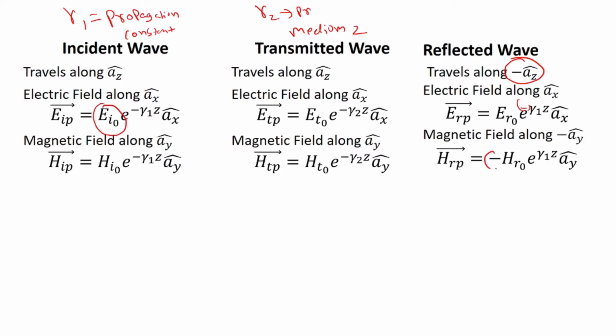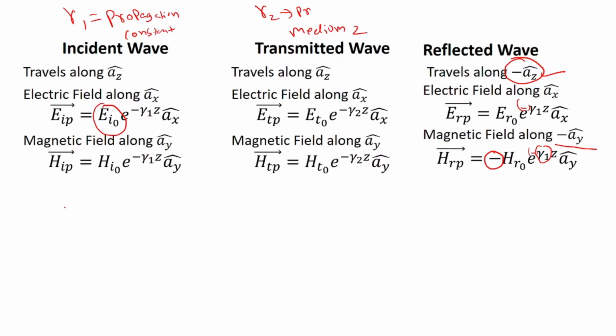Here, the negative sign indicates that the magnetic field is along minus ay cap, and the absence of the negative sign in the exponent indicates that the wave is traveling along az cap, whereas with gamma 1 the propagation is along minus az cap in medium 1.